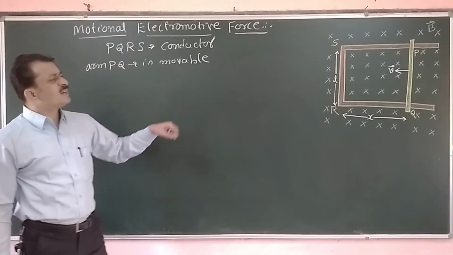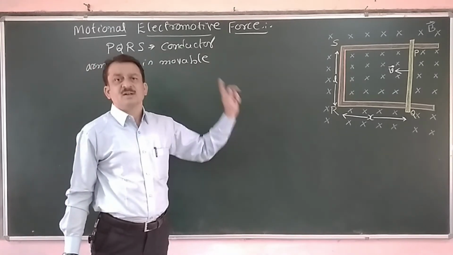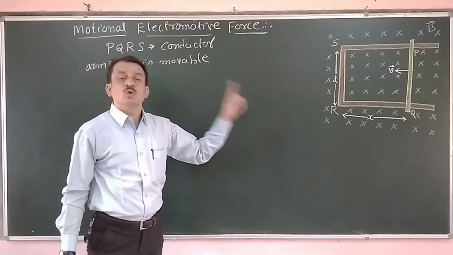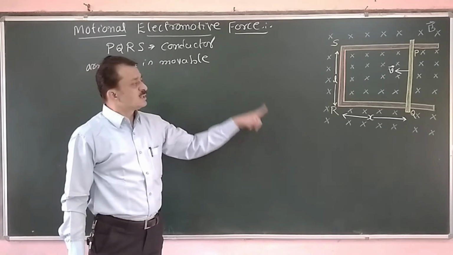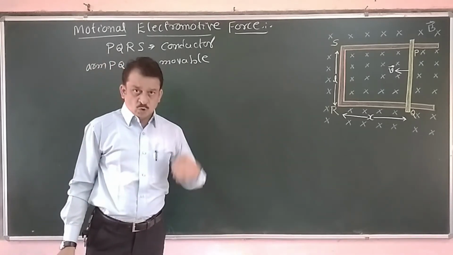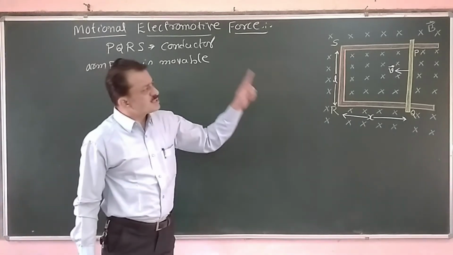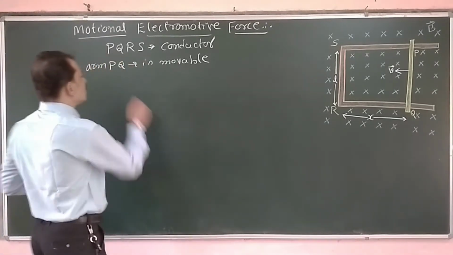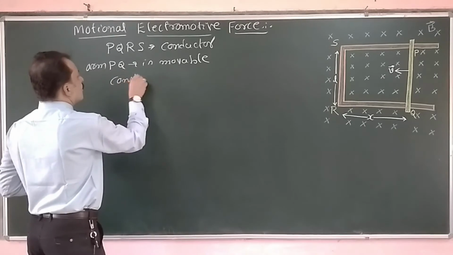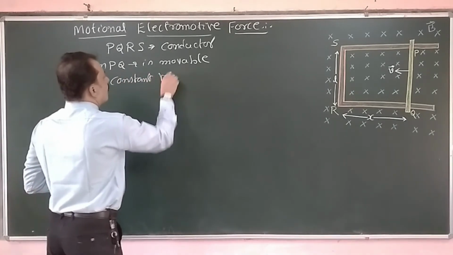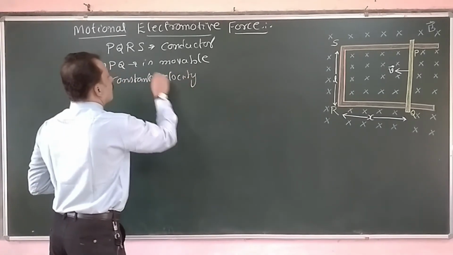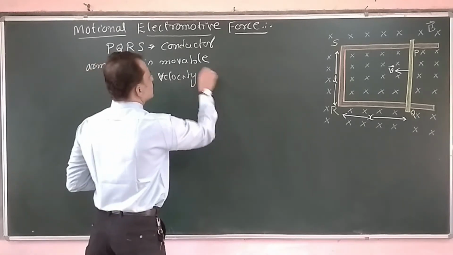Neglecting the friction of the motion of that arm PQ over the remaining rectangular loop, that conductor is moving with a constant velocity, vector v.